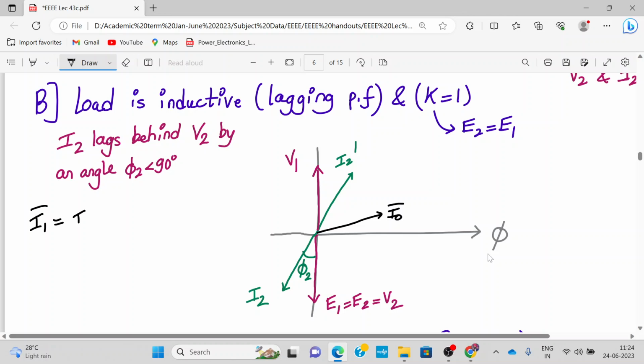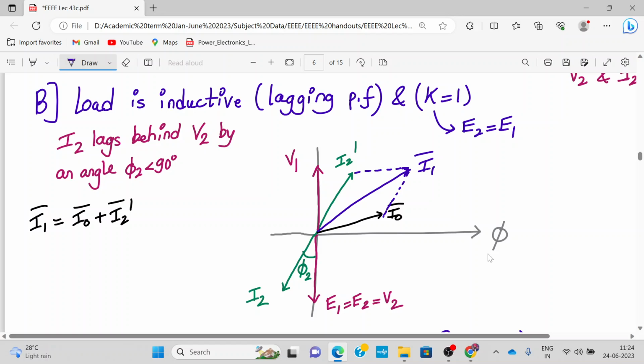Now we know that I1 bar is I0 plus I2 dash, the vector sum of it. By the law of parallelogram, it will go in the middle of these two, like this, and we get the vector. So this vector is my I1 bar, and I1 bar is the primary current.